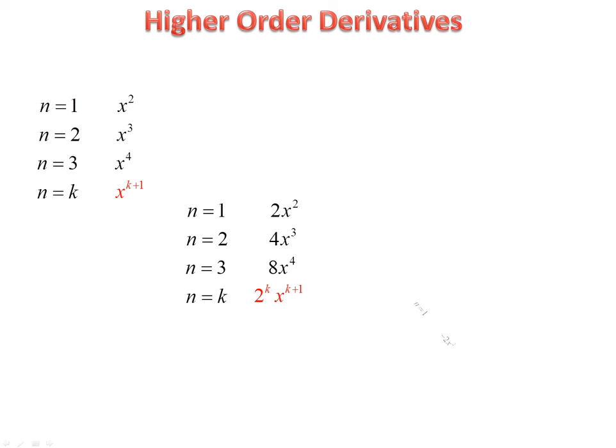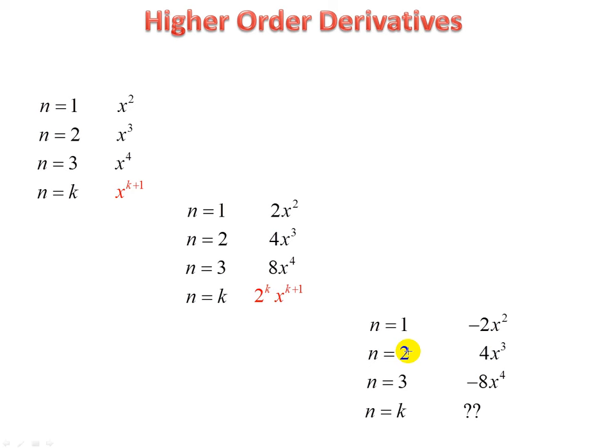Let's take it one step further now. The same sequence again, but this time they're alternating in sign. Notice that the negatives coincide with when n is odd and positives when n is even.